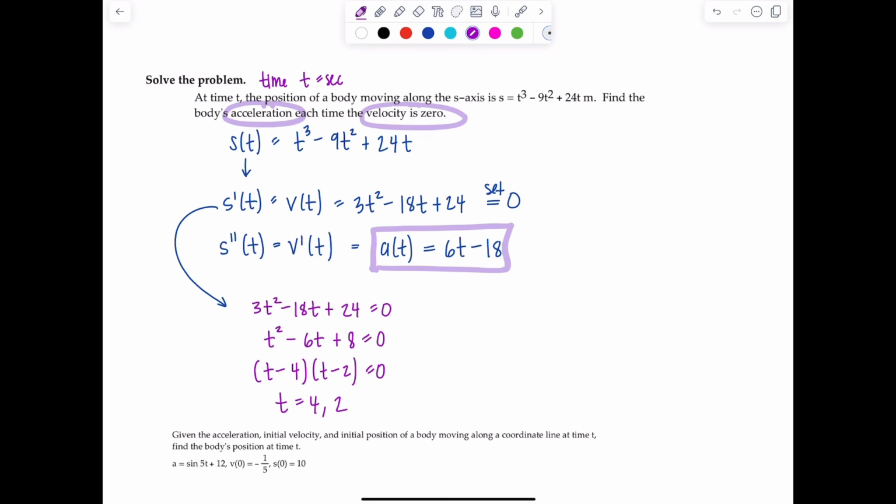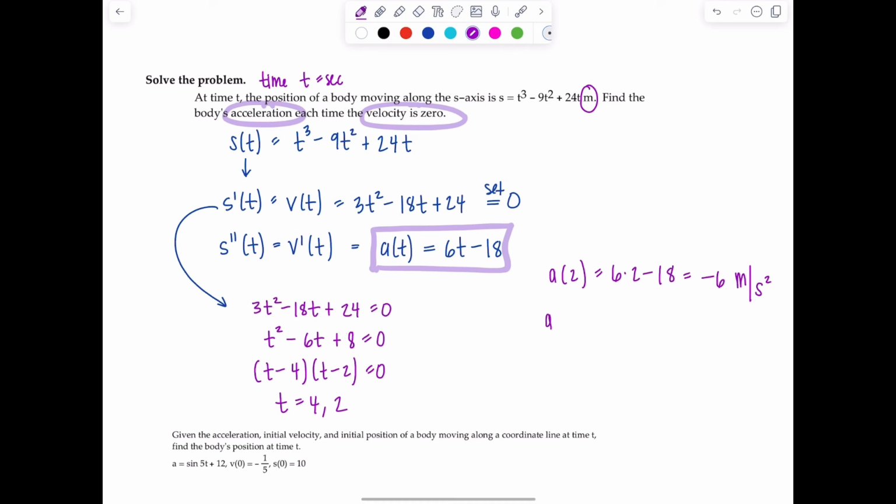Now we need the acceleration at each of these times. So I want the acceleration at 2 seconds and at 4 seconds. At 2 seconds, it's going to be 6 times 2 minus 18. That's 12 minus 18, so negative 6. Units on acceleration are meters per second squared. They told me meters right here.